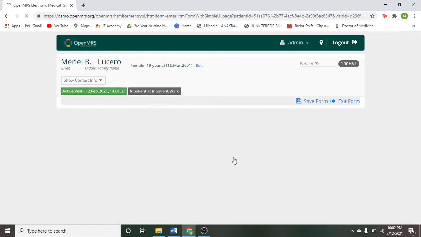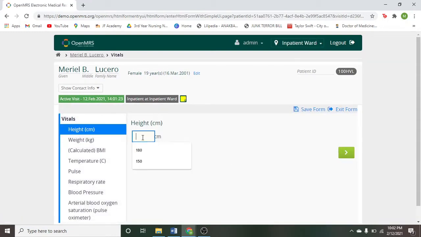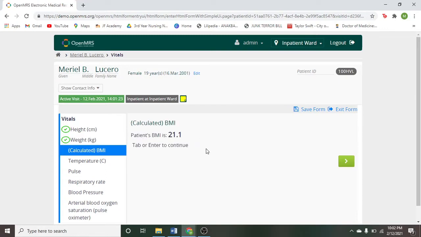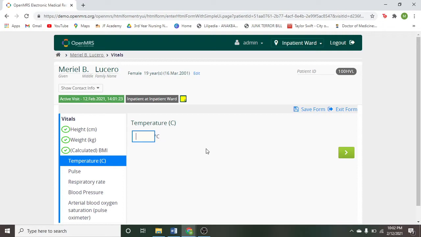Afterwards, record the vital signs under the Capture Vitals. This includes the height, weight, BMI, temperature, pulse rate, respiratory rate, blood pressure, and oxygen saturation.